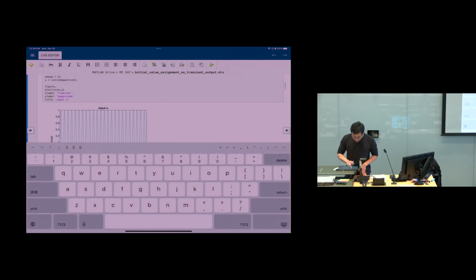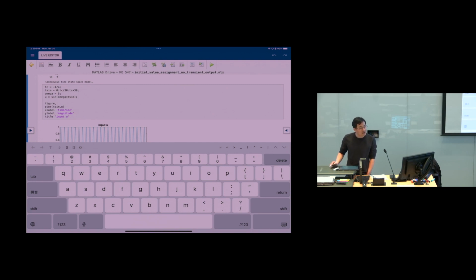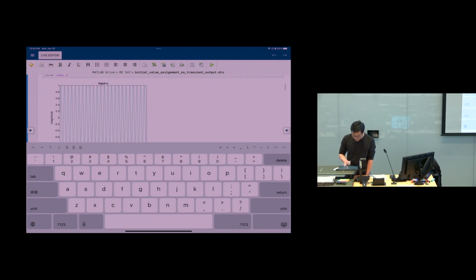These are defined actually here. I calculated Tsim from 0 to 30 times the time constant of the system. And then I set omega to be 5. The input u is a sinusoidal with omega as the frequency. So you can plot, and this is the response. It's a pure sinusoidal signal. Magnitude is 1.